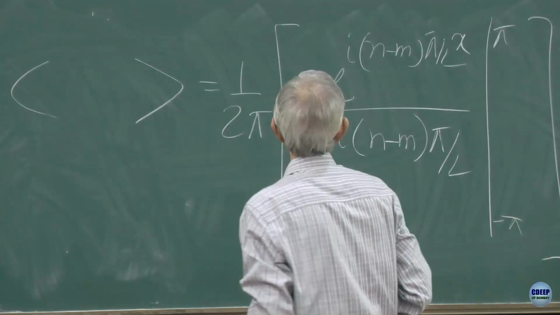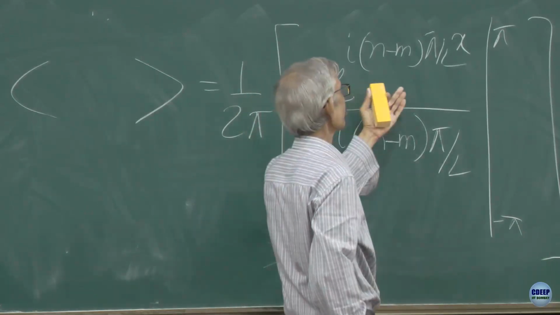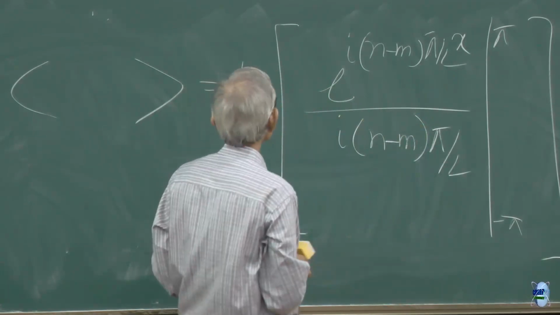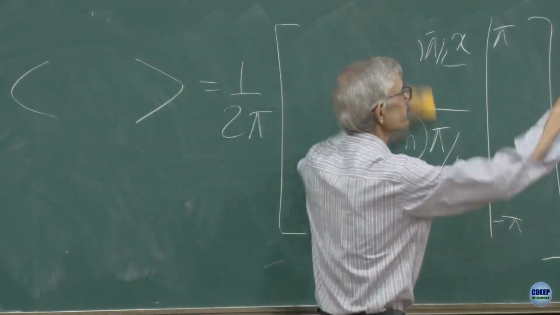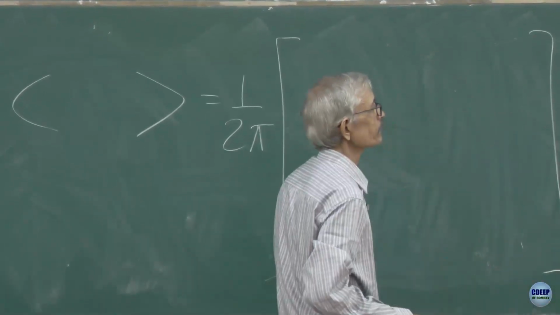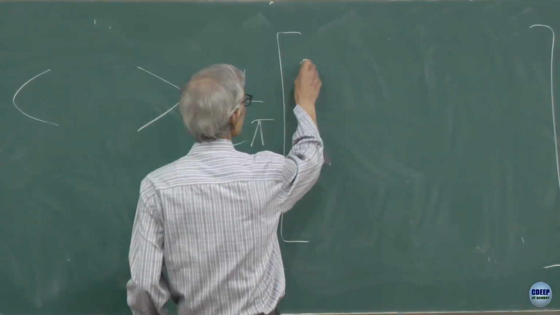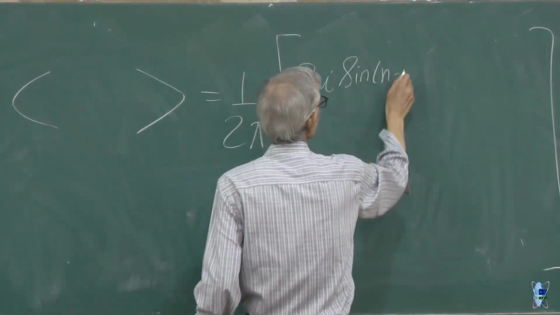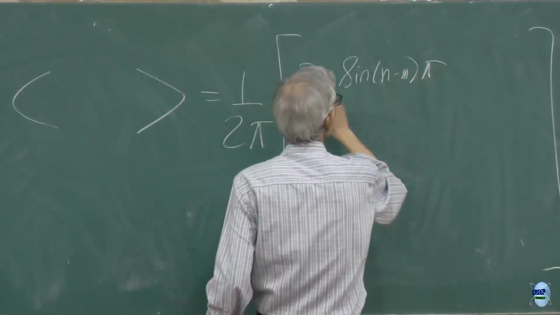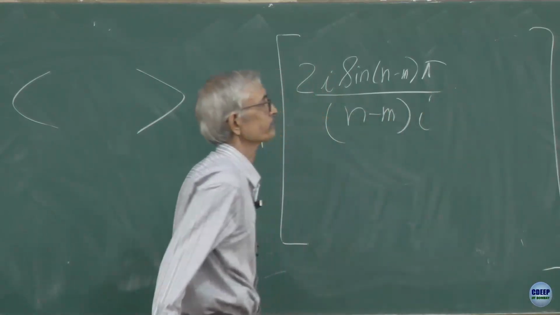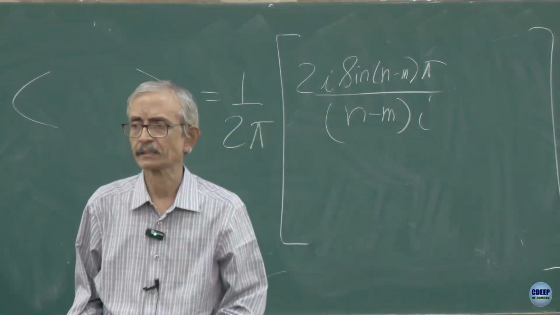All of the algebra is out there. What you end up with now is twice i sine of (n minus m) pi upon (n minus m) i.